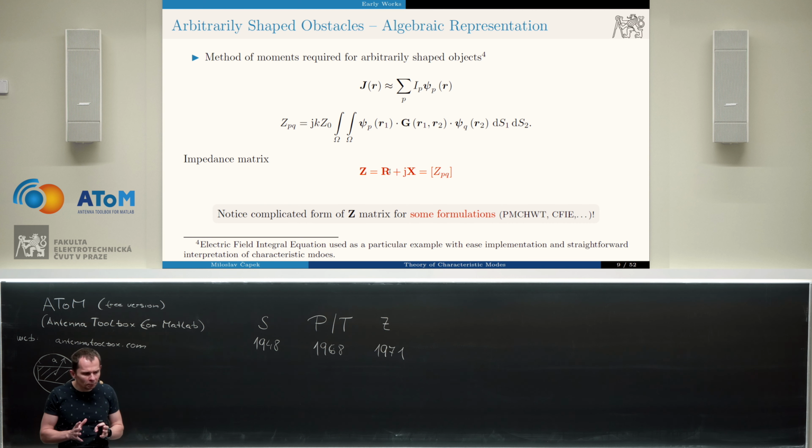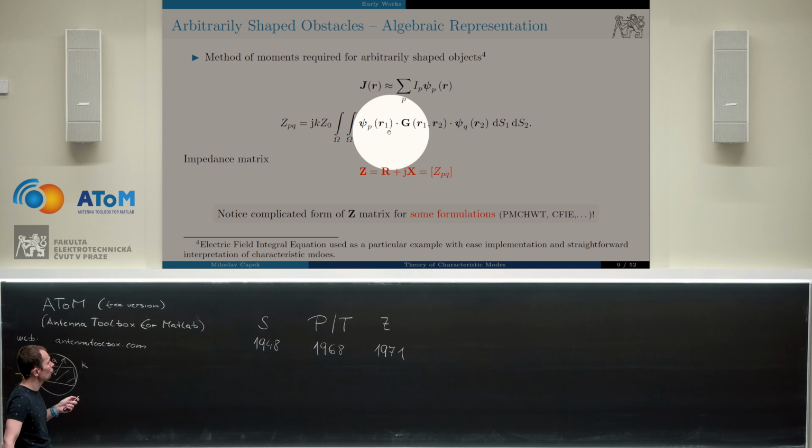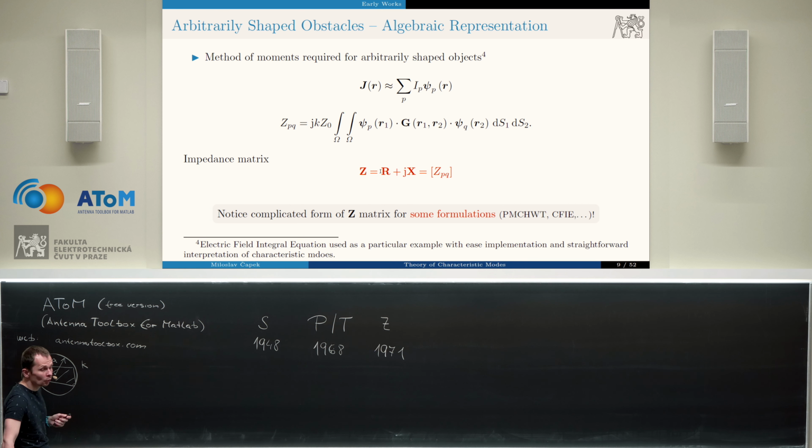Notice here, only for completeness, that if you incorporate some other method of moments paradigm, not the electric field integral equation, but for example the combined field integral equation or some surface equivalence, it may easily happen that the definition of the impedance matrix Z is much more complicated.